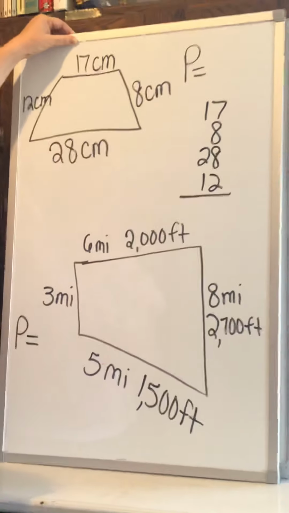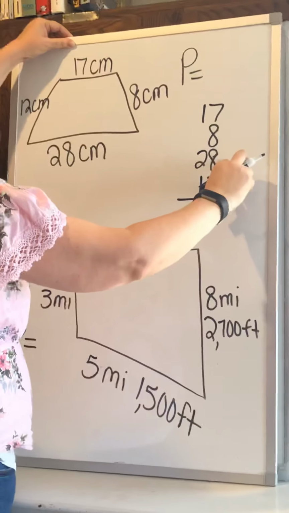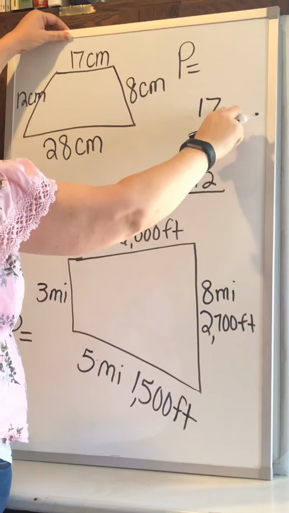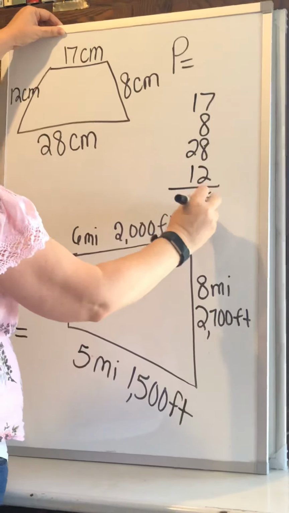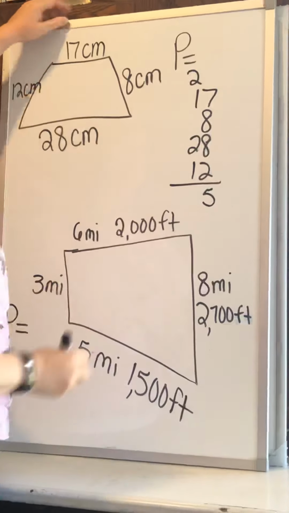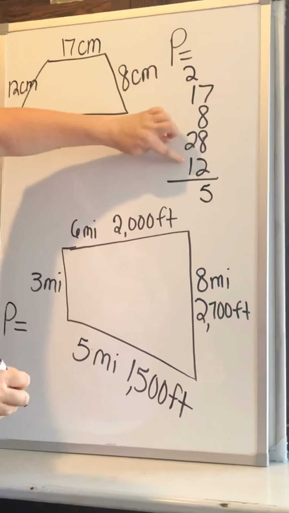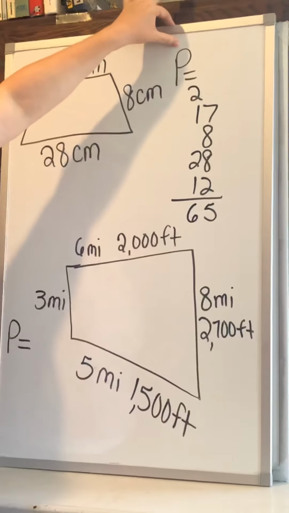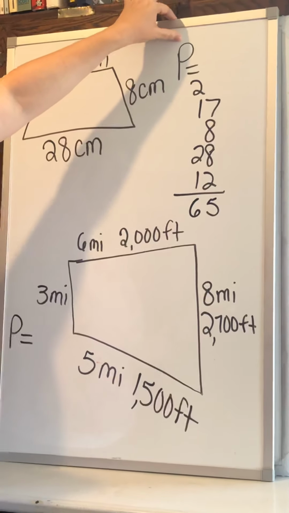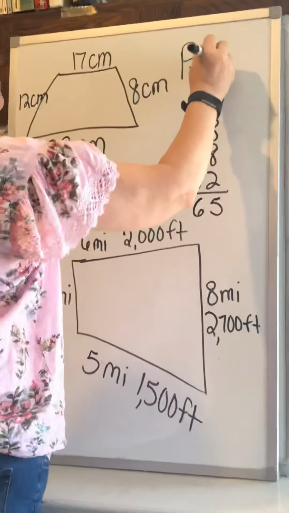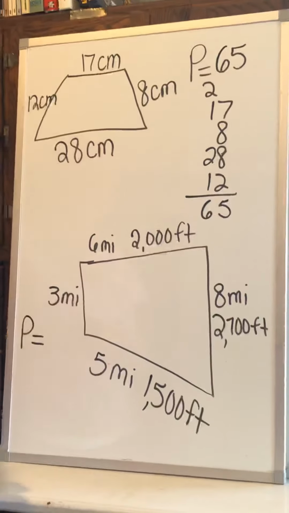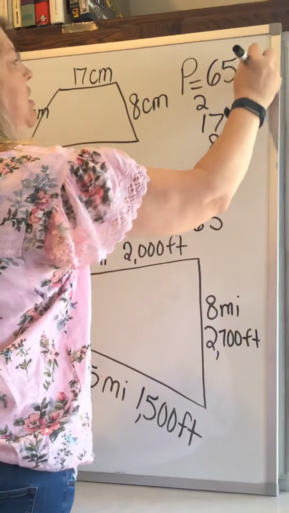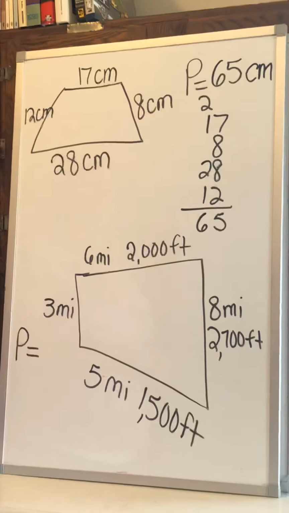So we have 10 plus 8 makes 18. 18 plus 7 makes 25. Carry your 2. Then we add up the 2, 1, 2, and 1, and we come up with 6. So the perimeter, also the capital P, equals 65 what? 65 centimeters. And we're just going to leave it like that for now.